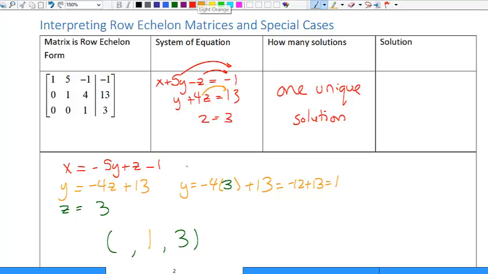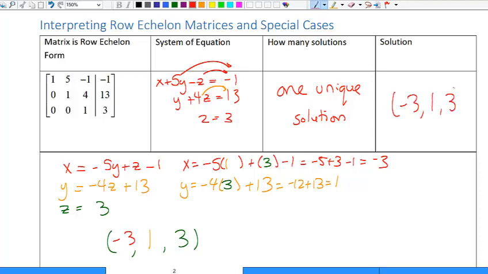And then I'm going to use the x equation, plug in the y and the z to solve for x. So that gets me negative 5 times 1, which is negative 5, plus 3, which is negative 2, minus 1 is negative 3. So my one unique solution using back substitution is negative 3, 1, 3.